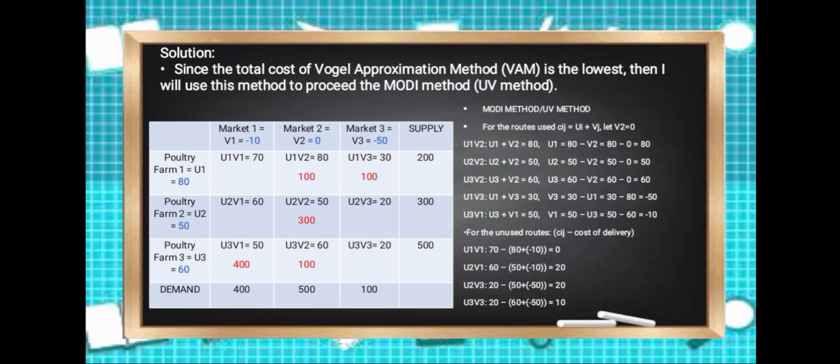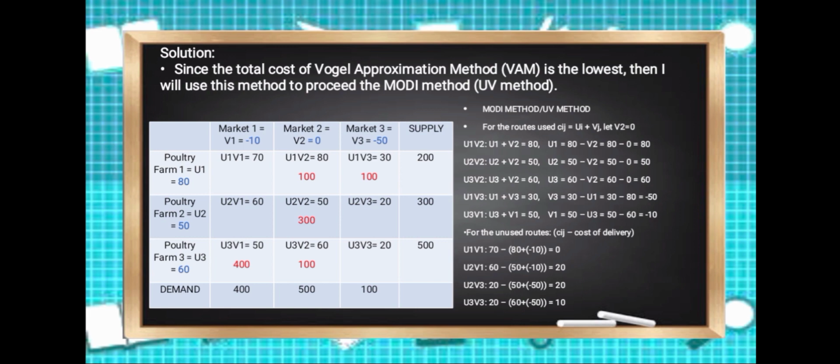Then U2 V2 is equal to 50. Since we have the value of V2 again, we find U2. U2 is equal to 50 minus V2, which is 0, so U2 is equal to 50. Then we proceed to U3 V2, which is 60.